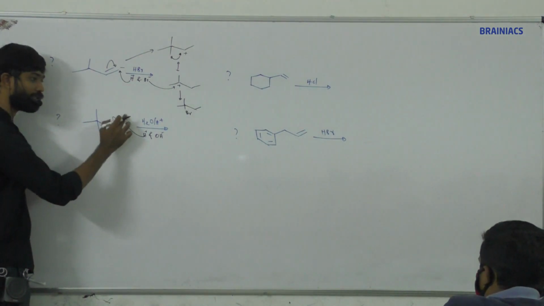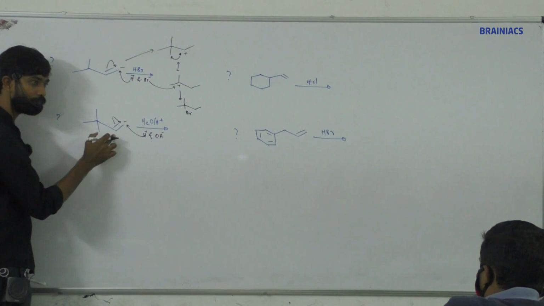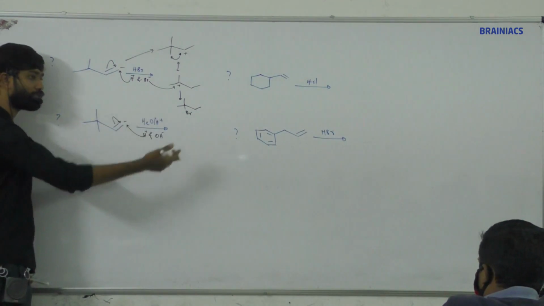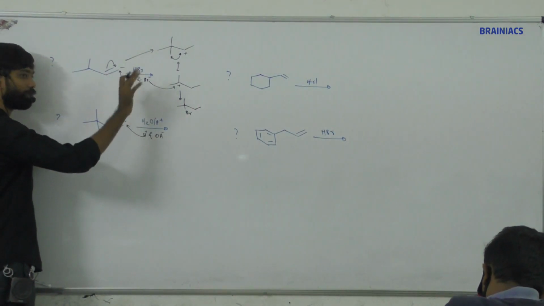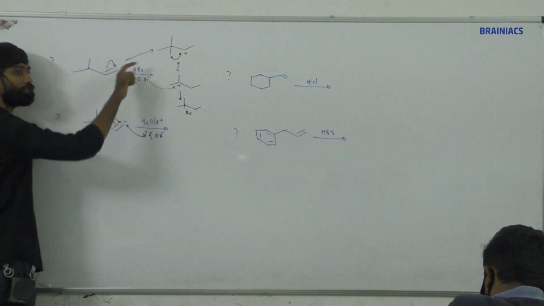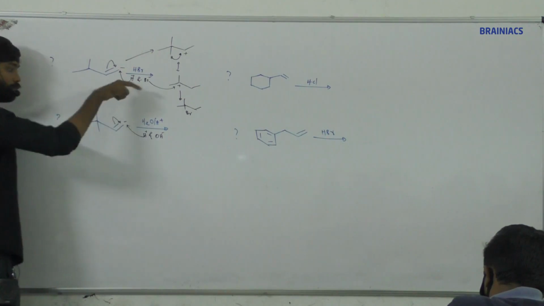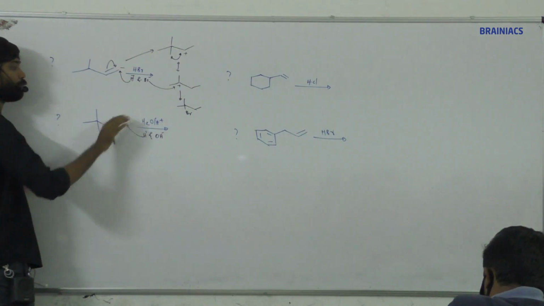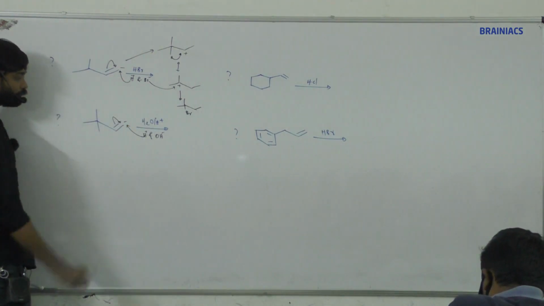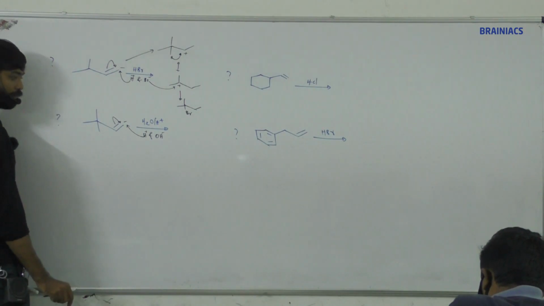If the positive charge is here, it shifts to become secondary. So no need of showing that step. Usually the better carbocation is obtained at the terminal end. That's why it is generalized that you simply polarize to the terminal.